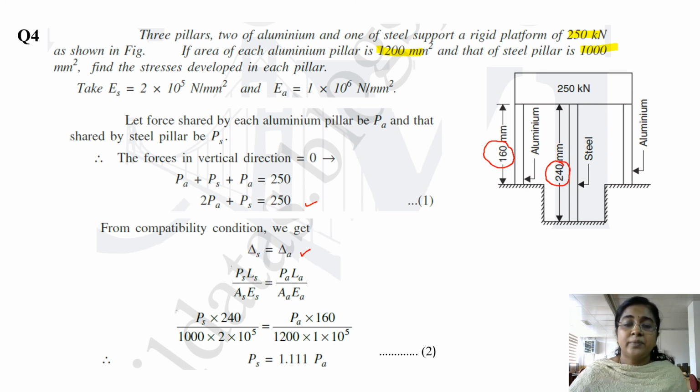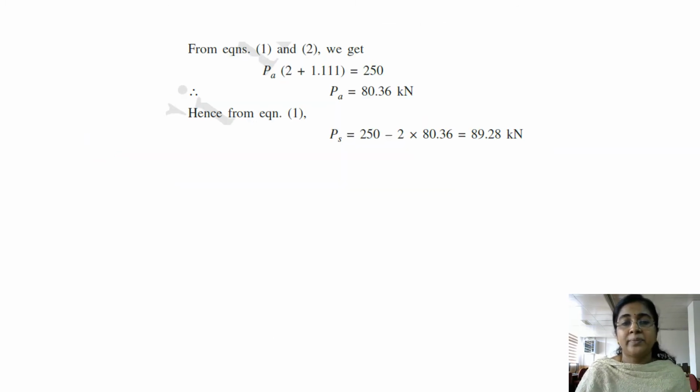Then we have to substitute the corresponding values of length, and we will obtain the second equation from the compatibility condition, that is PS is 1.111 PA. Substituting the second equation in the first one, we obtain the load taken by aluminium as 80.36 kilonewton, and the load taken by steel as 89.28.